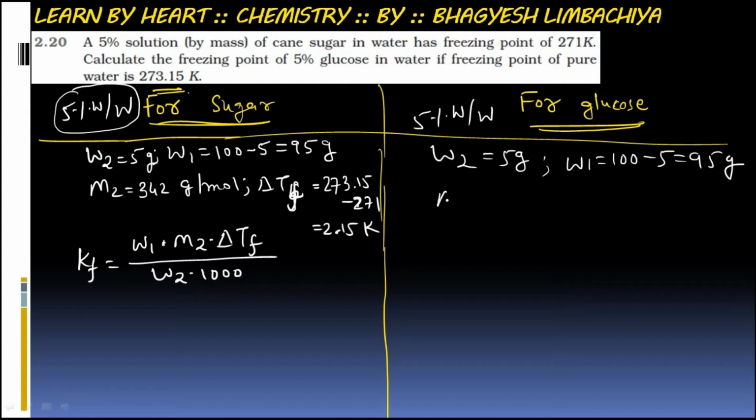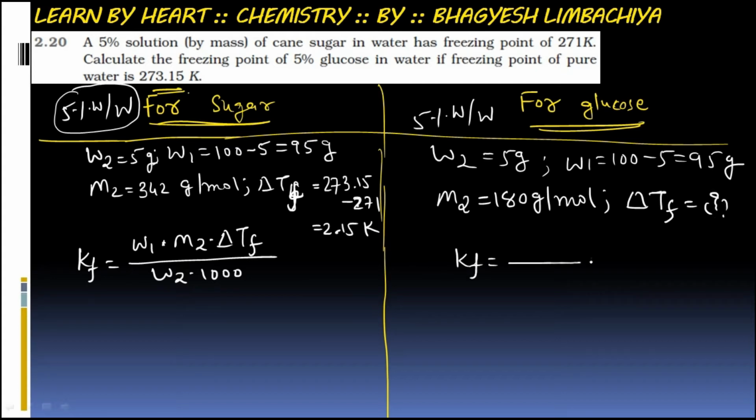Here M2 will be 180 gram per mole, and then delta TF is asked. Actually here the freezing point of solution is asked, but first of all we will calculate delta TF by using the same formula. Kf equals W1 M2 delta TF by W2 1000.